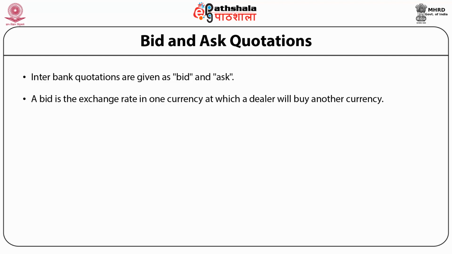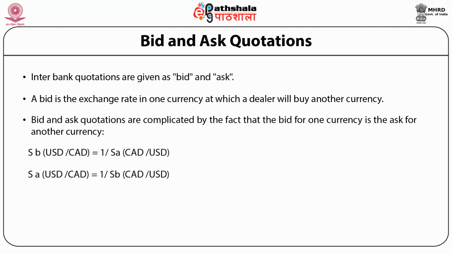Dealers buy at the bid price and sell at the ask price, profiting from the spread between the bid and ask price. That is, bid is less than ask. Bid and ask quotations are complicated by the fact that the bid for one currency is the ask for another currency, as it is explained below.